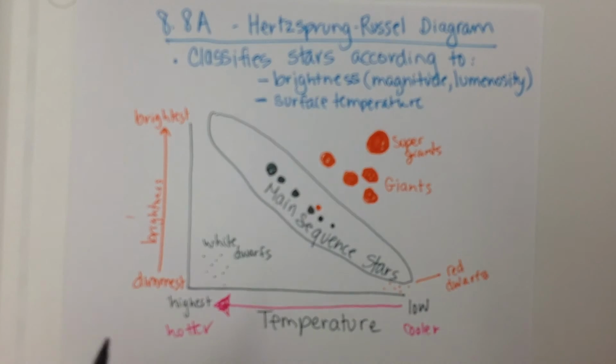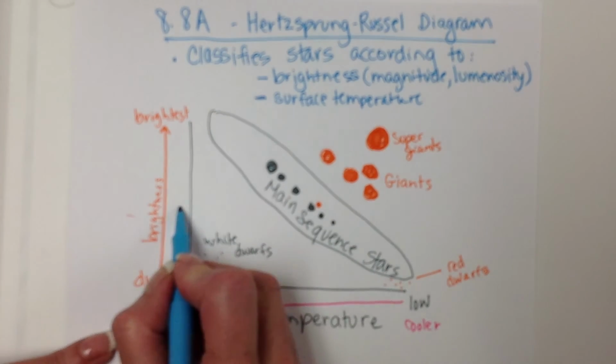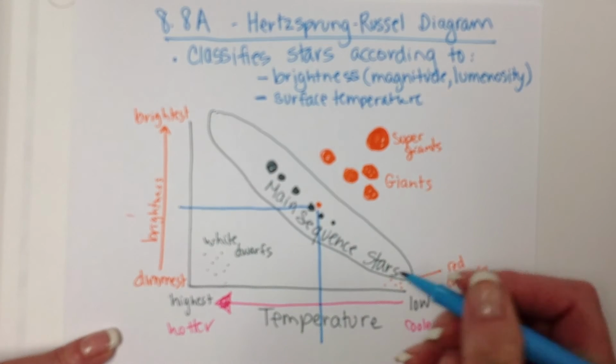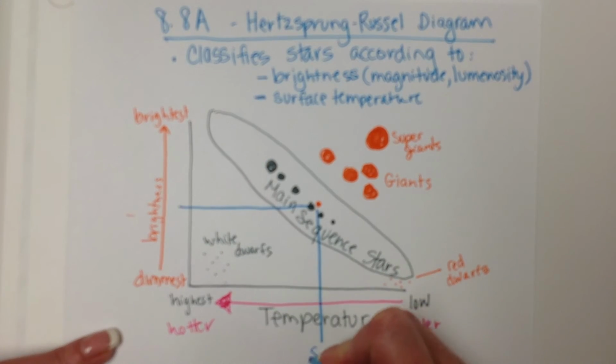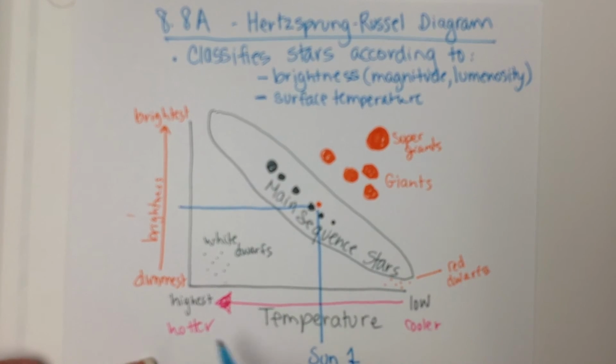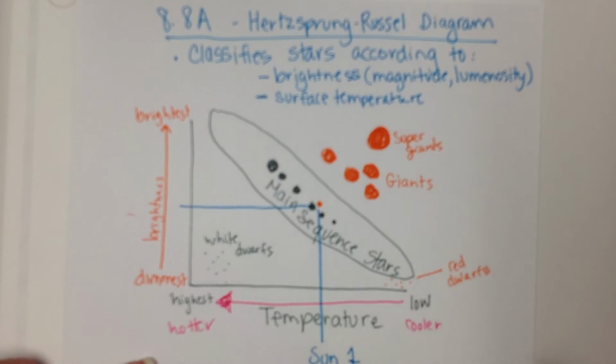So remember we said our sun was average in temperature, average in brightness, so it's kind of in the middle. And we set our sun at 1, brightness 1, and temperature is about, I think, 3,000 to 5,000 surface temperature. So it's medium, average, and that's where you see all that right here.